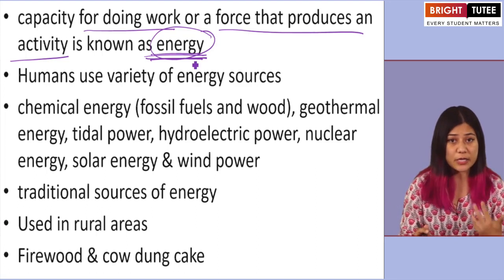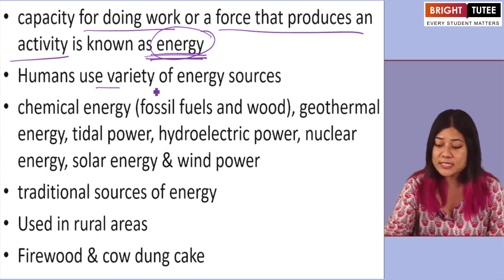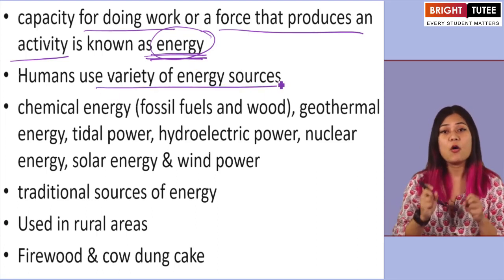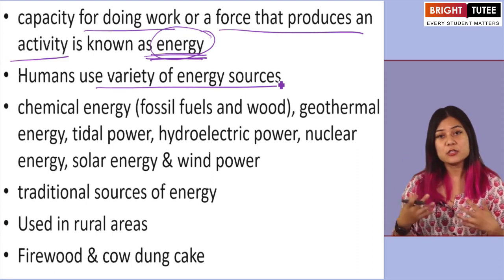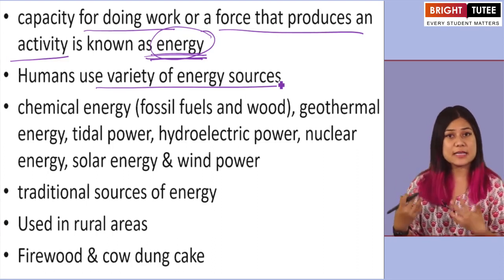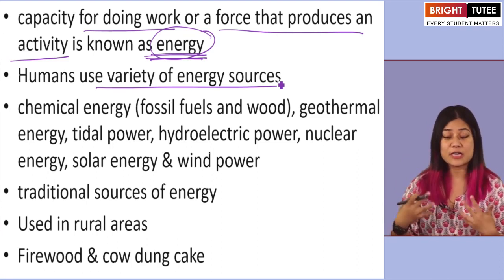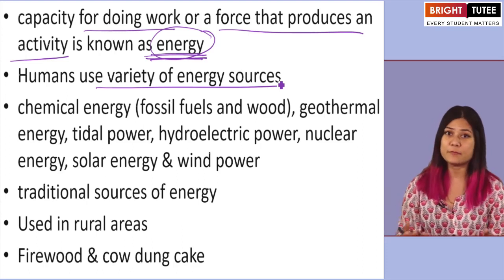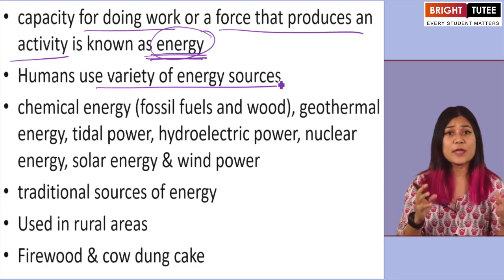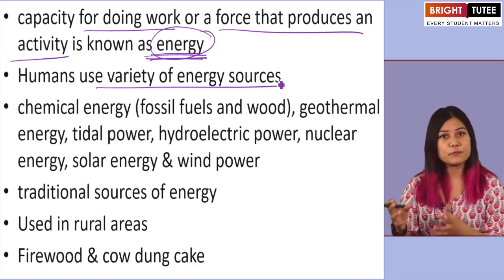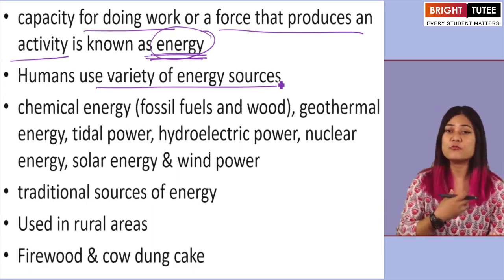That is why we humans use a variety of sources of energy for activities, so that our lives are easier to live, we have a nice livelihood and a comfortable life. We have electricity, we have running tap water, we have gas to cook food, we have petrol to run our vehicles, etc.